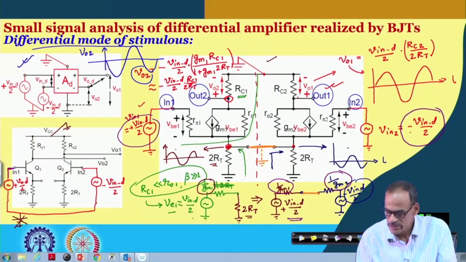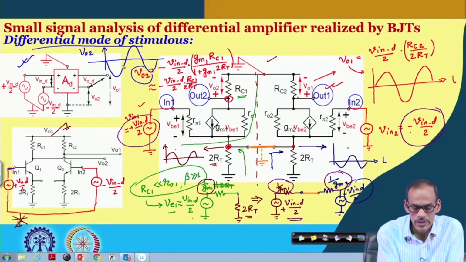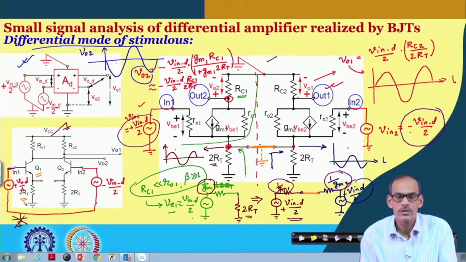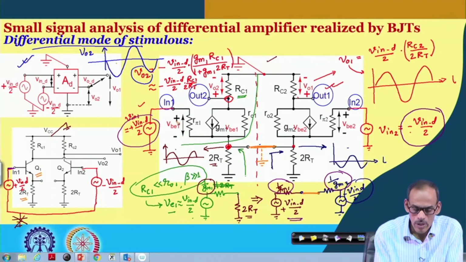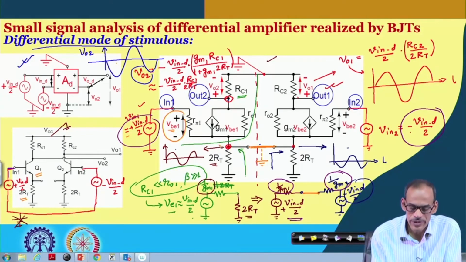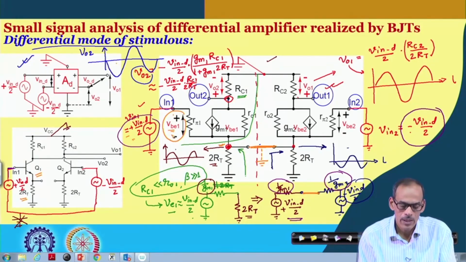Now, the moment we make this connection, before we make the connection, why was the signal here low? That is because the emitter of transistor 1 was getting degenerated by 2RT. So only a small part of the applied signal was appearing across this VBE. Even though we said that this voltage and this voltage are equal, actually this voltage was slightly smaller than this one, and that was the VBE.